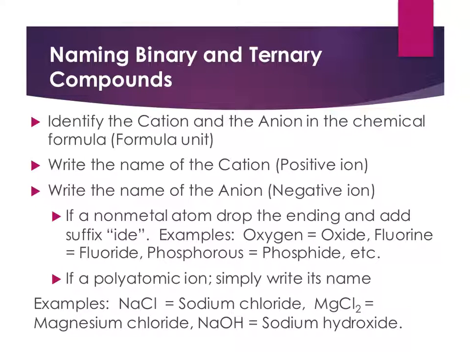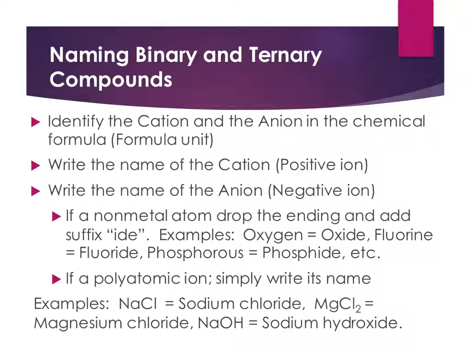And then the last example is one with a polyatomic ion. So that's sodium hydroxide. So here again, here's my metal atom, my cation, and then this is my polyatomic ion. So again, sodium, metal atom, cation; hydroxide, polyatomic anion.